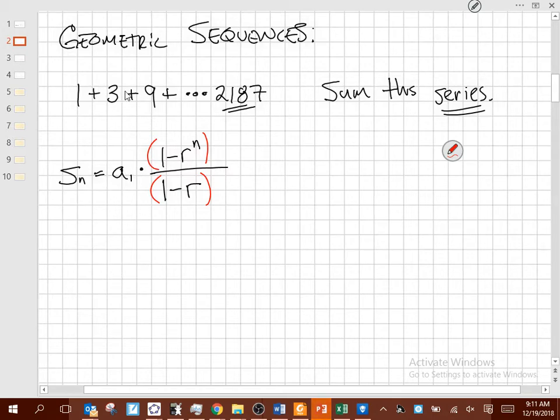So, filling in from our information here, I don't know how many things are in that list. So when I ask to find S sub n, I don't know what n is. I don't know how many objects I'm actually adding together. But we do know that a1 is 1, and we have 1 minus, what is our r value here? 3, okay?